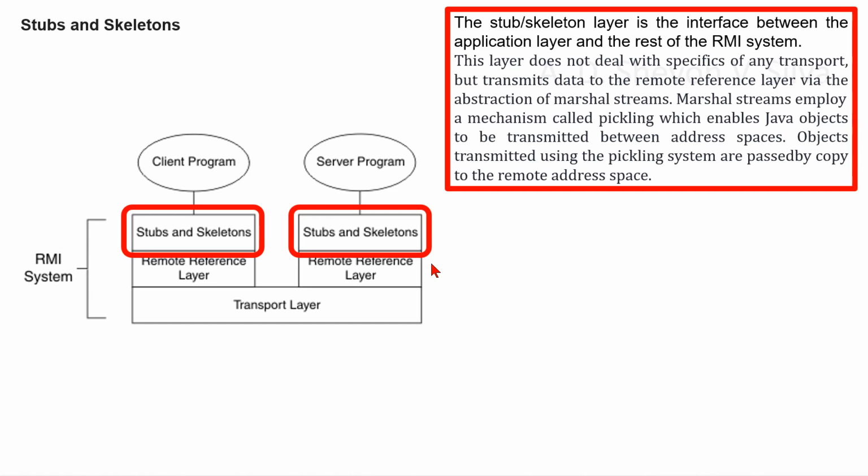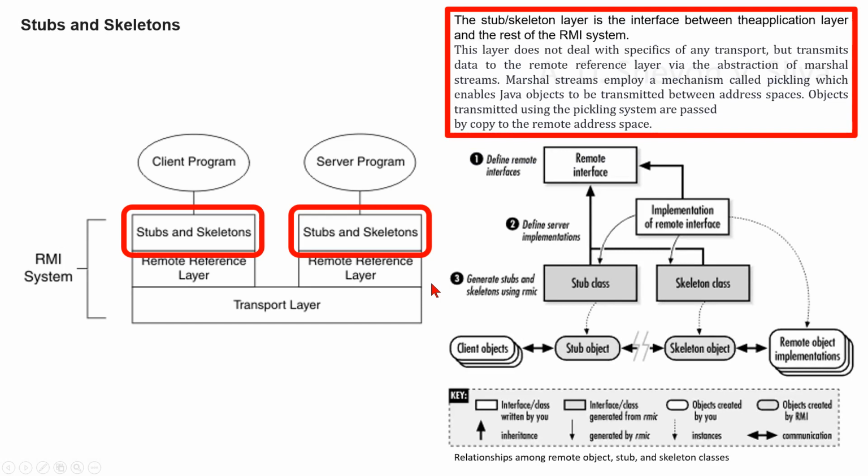Objects transmitted using the pickling system are passed by copy to the remote address space. Here you can see the relationship among remote object, stub, and skeleton classes.